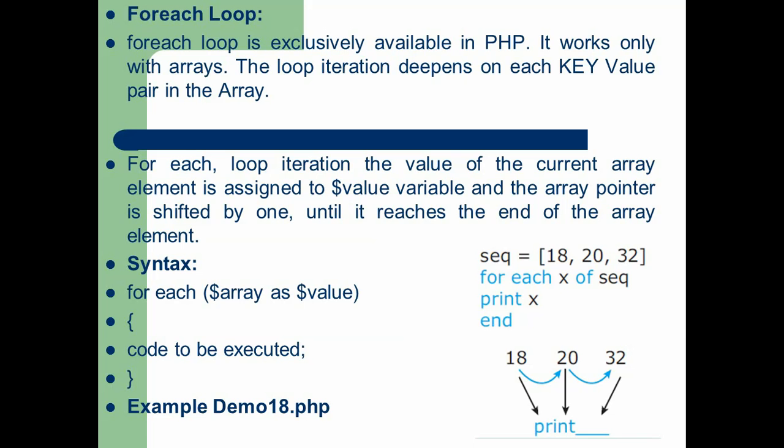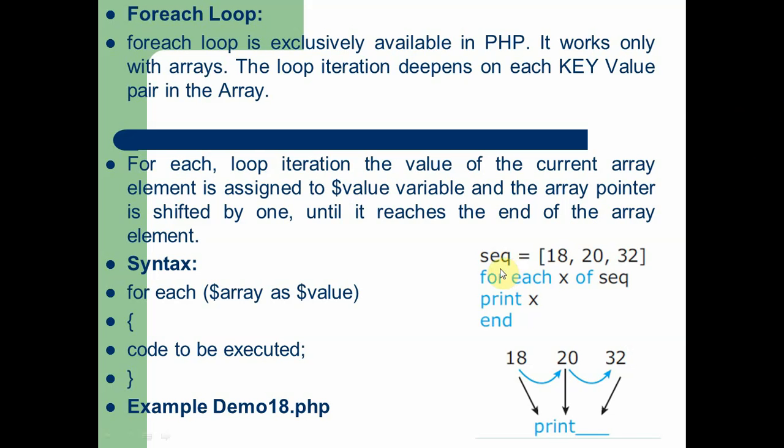Of course, we know that for every array we create, there is a key value for each element in that array. By using that array key value, this loop is going to execute. That is, the foreach loop should only execute on array variables. When you declare an array, we can add a number of elements. The number of elements is going to be the condition, and it goes from the first element to the last.